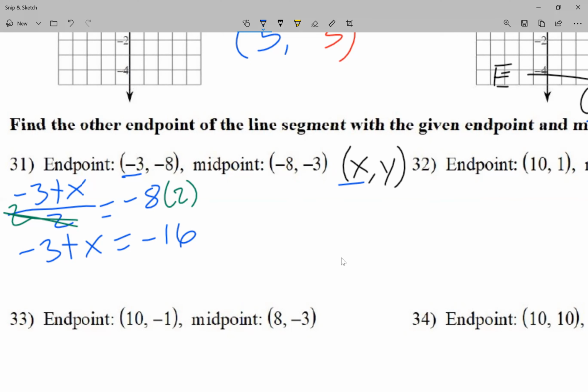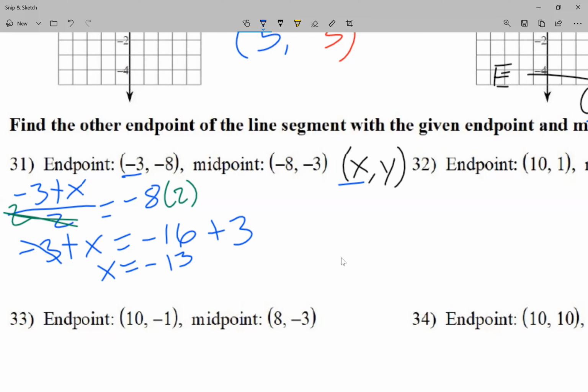So my -3, let me move it to the other side as a +3. Again, you've got to switch the sign. So I get that x by itself is equal to -13, because -16 plus 3 is -13.